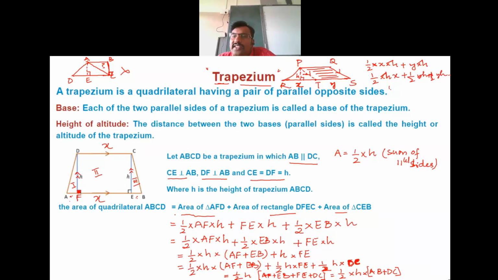Now there is half H common. I'll be getting X plus Y plus Y. So half H into this X plus Y is same as RS, and one more Y I can write as PQ. Will you agree with me?